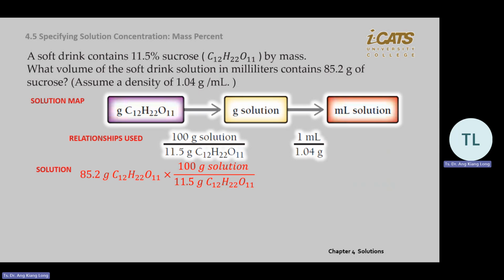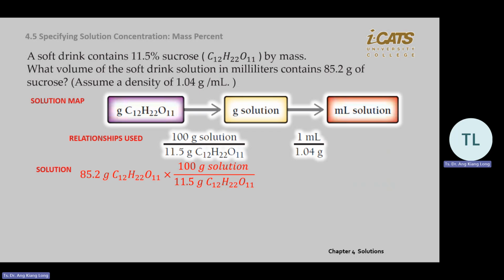So 85.2 gram, you want to know how many gram of solution this is, just put it y gram of solution equal to 11.5 gram of sucrose over 100 gram.